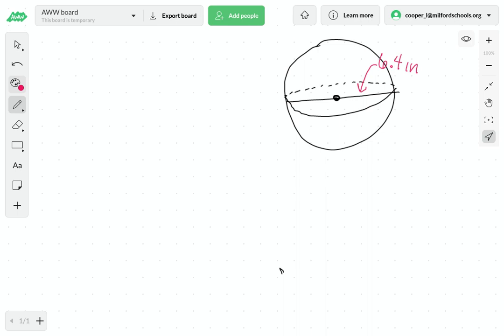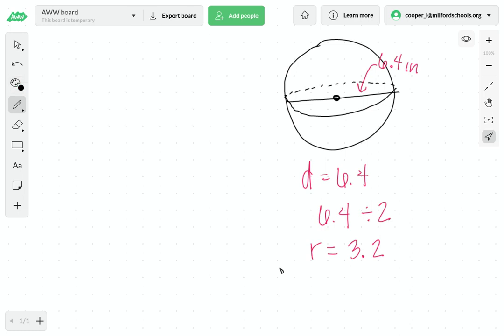If that line is all the way across, they're giving you the diameter. So the diameter here is 6.4. We need the radius, so we're going to take 6.4 and divide that by 2, which gives us a radius of 3.2.